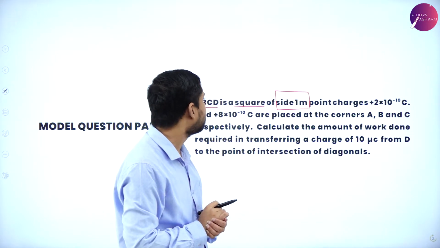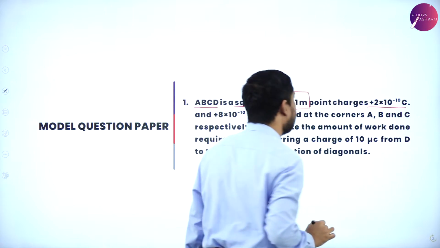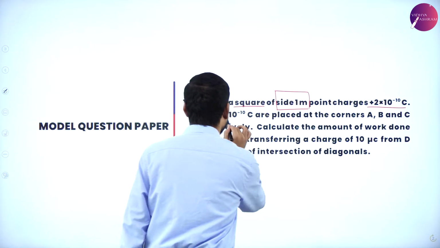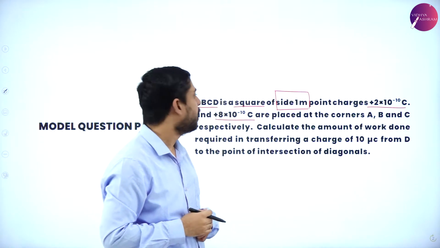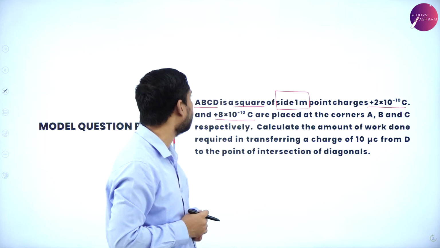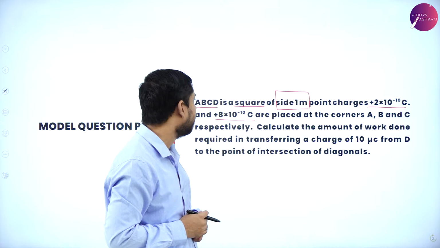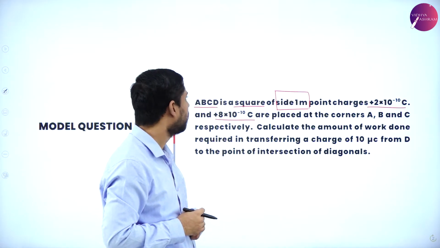And point charges 2 into 10 power minus 10 coulomb and 8 into 10 power minus 10 coulomb are placed at the corners A, B and C.